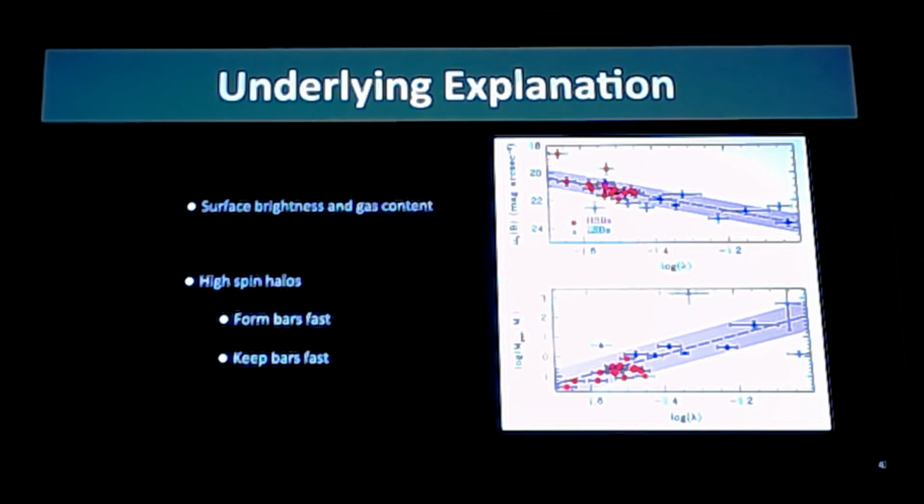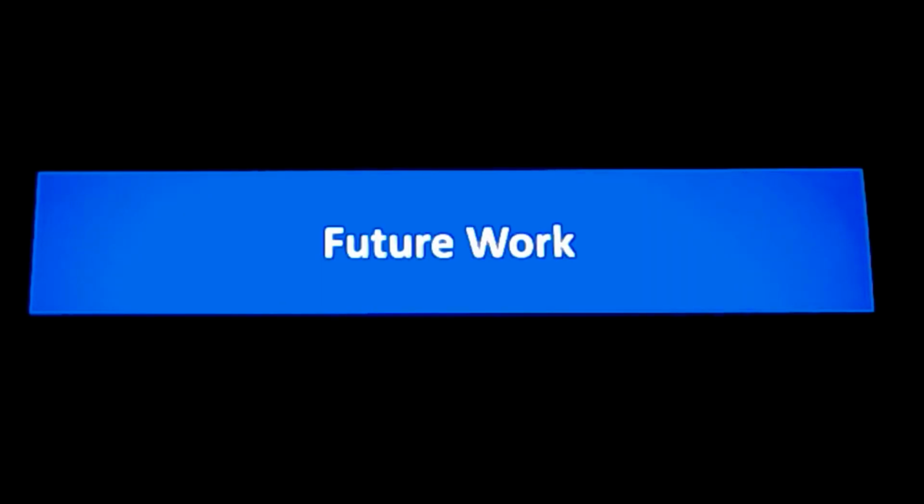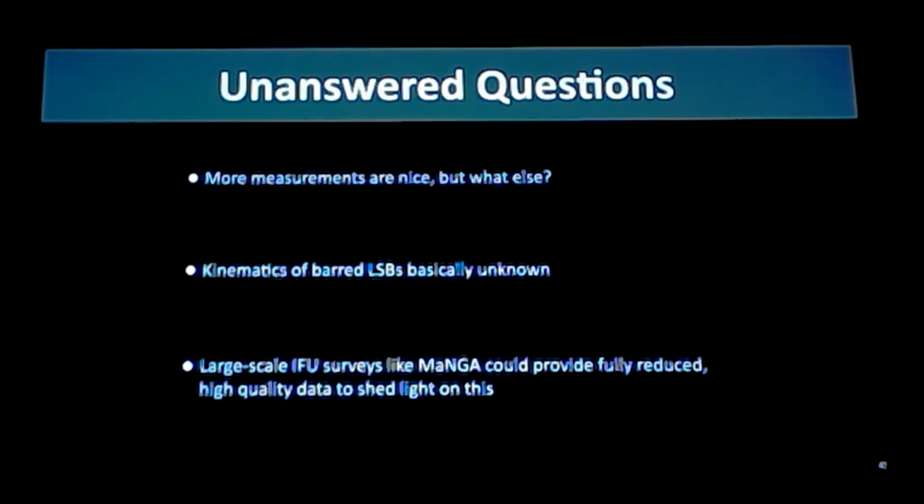Now that's a pretty important and big takeaway from this, but there's still a lot to be done from our results. Namely, we could keep obtaining relative bar pattern speed measurements, but only one galaxy actually has a physical pattern speed measurement. So physically obtaining that dynamic property could shed further light.